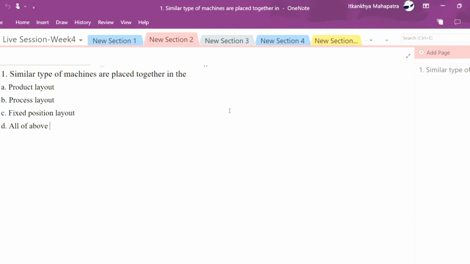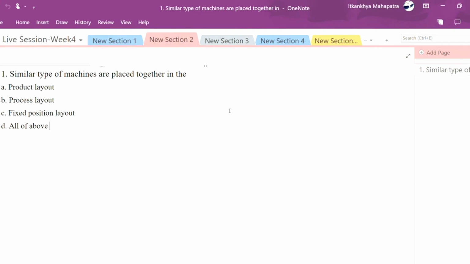In the product layout, the facilities are arranged specifically according to the sequence in which operations are to be performed for the product to be manufactured. In the fixed layout, whatever facilities and manpower need to be used for manufacturing big items like a ship or any other big equipment, the minor equipment, facilities, and the manpower are brought to that location and work is done to get the desired product.